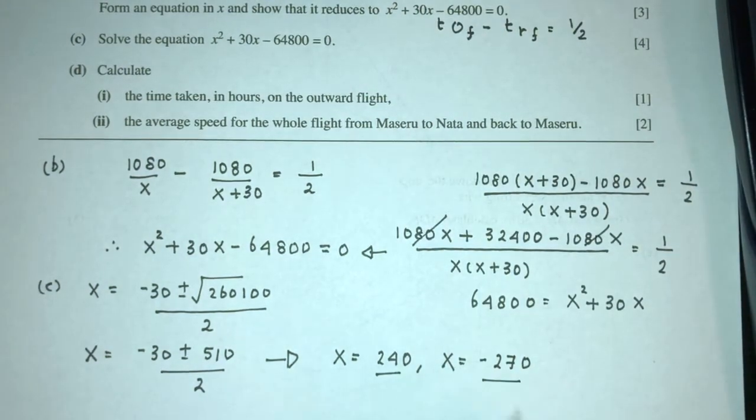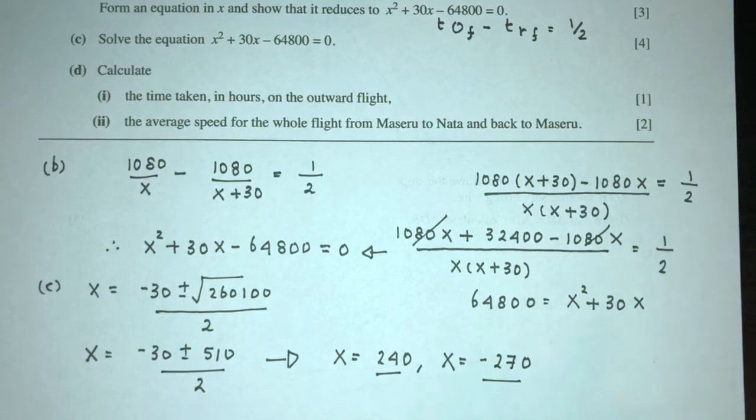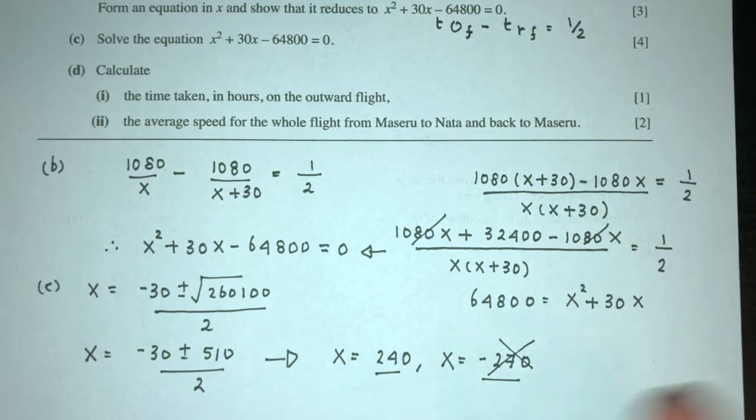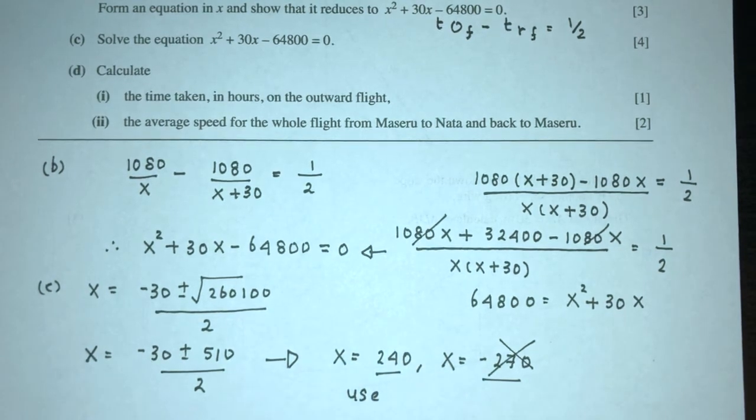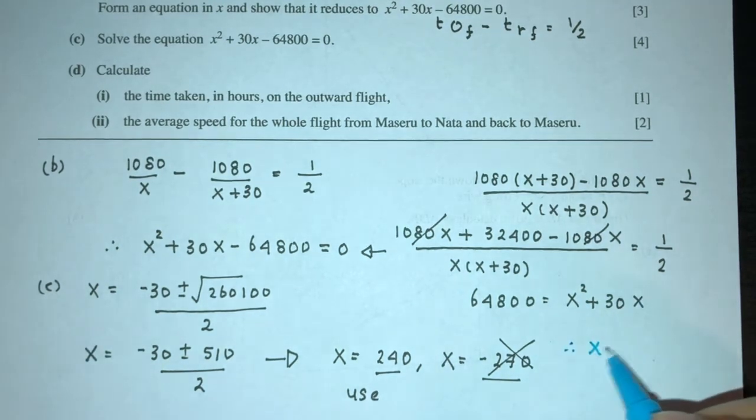So we have two values for x, but since x represents the speed, we'll take speed to be positive. This will be rejected. Of course, at first you will leave the two values for your answer. You will have to write the two values for C, but we will use this value only for the next question. When you finish solving this question, your answer will be both x equal to 240 and minus 270.